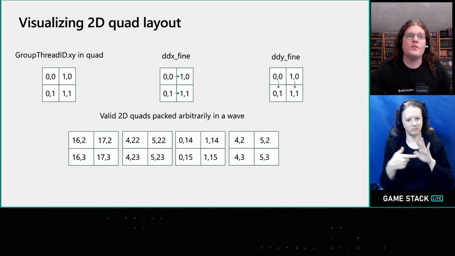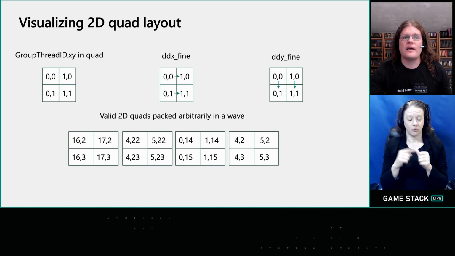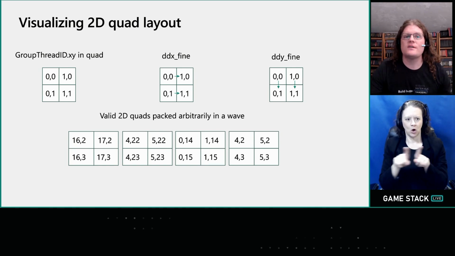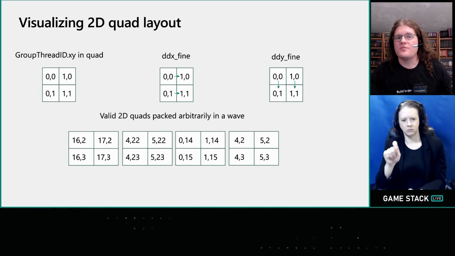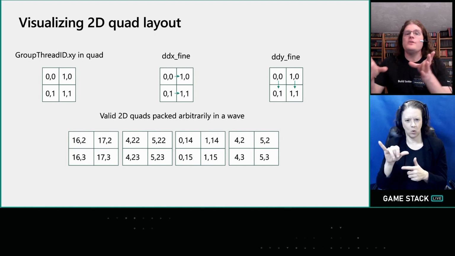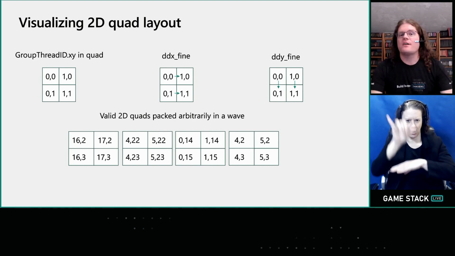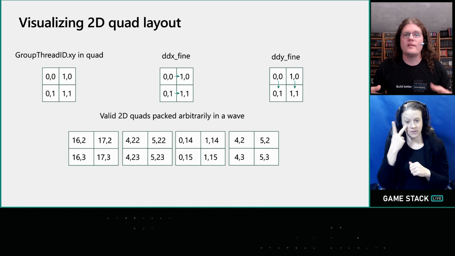First of all, we've just demonstrated how the group thread ID will be laid out in two-dimensional coordinates, as I've described. And also we see that DDX fine is perfectly understandable, 0,0 to 1,0 and 0,1 to 1,1. And the DDY fine is doing the same, but in the vertical direction. Now here on the bottom is what I was saying before, where you've got these 2D quads, and each one of these that we have here is a valid quad according to the 2D quad layout.